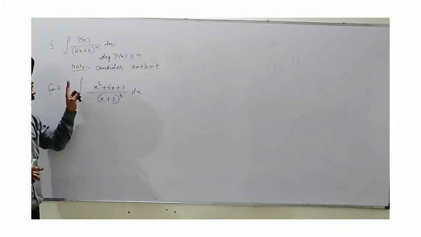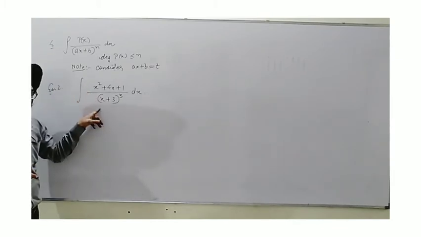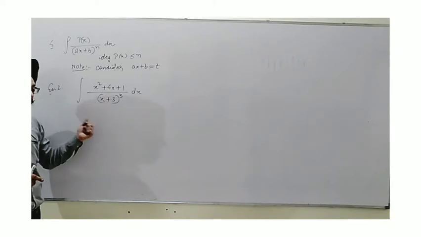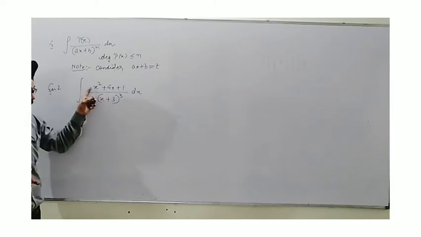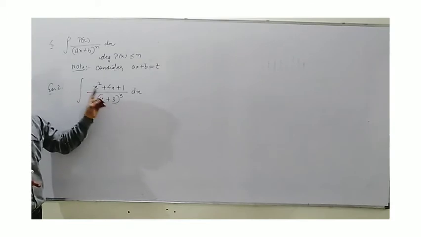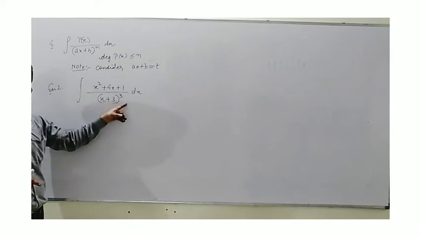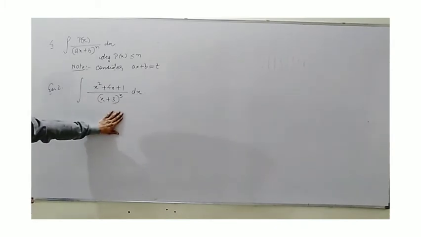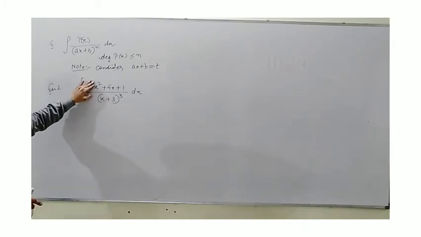Keep in mind, division of numerator by denominator to write it as q plus r upon d is done only when the degree of numerator is either equal to or greater than the denominator. Here, as the degree of the denominator is greater than the numerator, no division will take place.